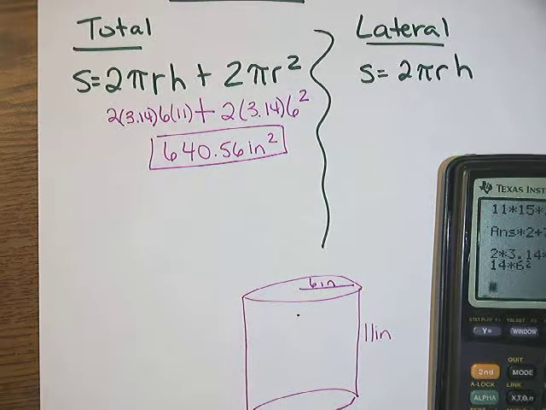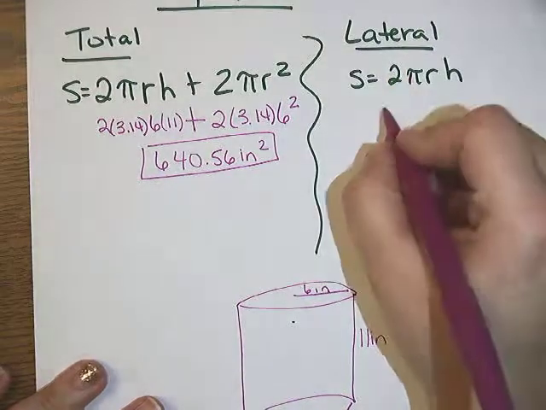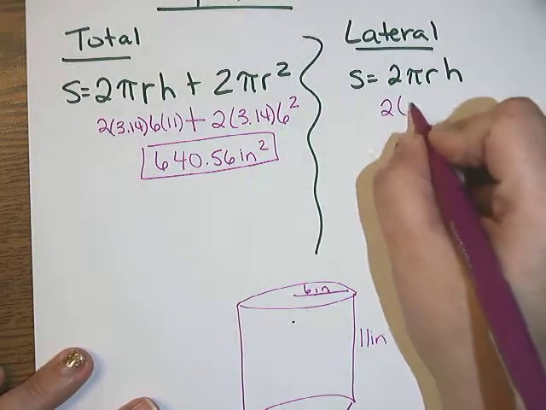If you use pi, yours might be a little bit bigger. Okay? 640. Is that easy? You take a formula, you plug it in. This one doesn't have anything tricky. There's no perimeter of a base. There's no area of a base. This is just straight up plugging in numbers.